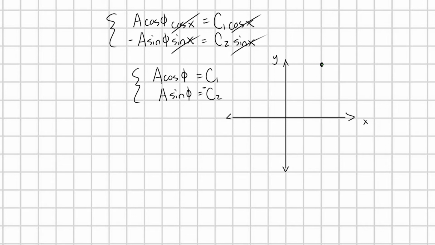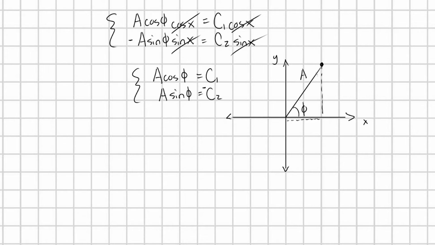So in polar coordinates, I could go ahead and draw out some point with a radial distance a from the origin, and it has some angle phi. And of course, this a we could break down into its vertical and horizontal components.